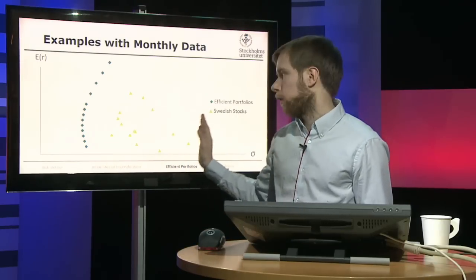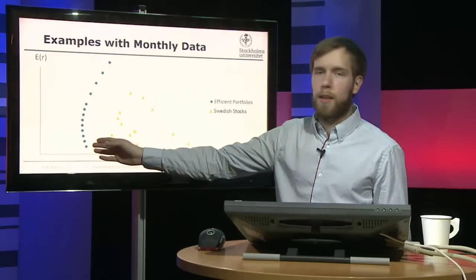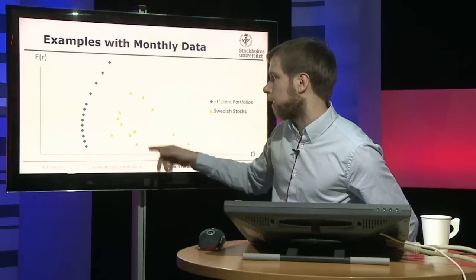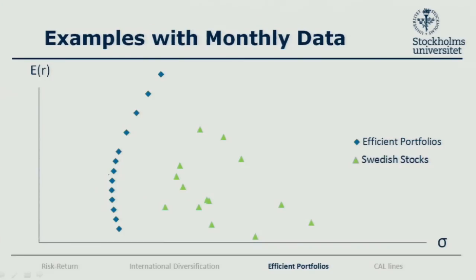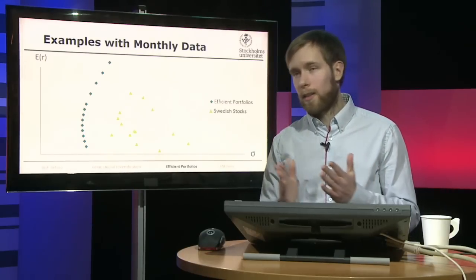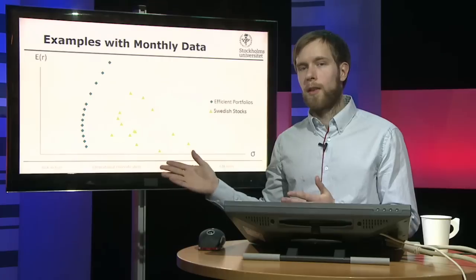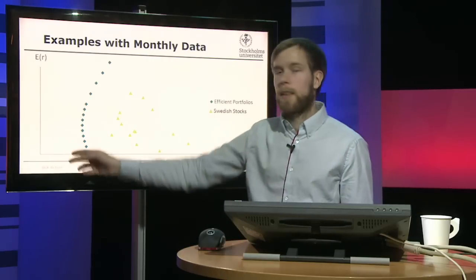So if you look at this picture, it looks as if it's very easy to get a very good result from diversification. Just combine these in the right way and you get a very, very low risk. But when you compared the Swedish funds earlier with the Swedish stocks, you saw that the funds had quite low risk compared to some of the more risky stocks, but it's nothing like this.